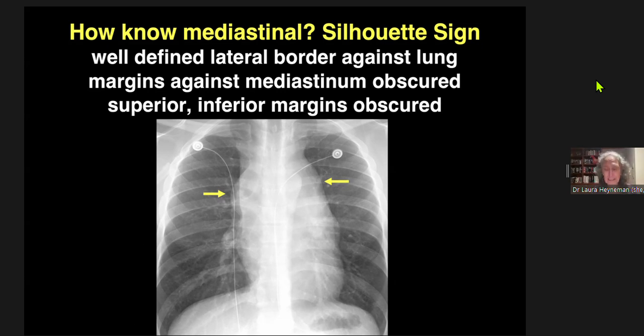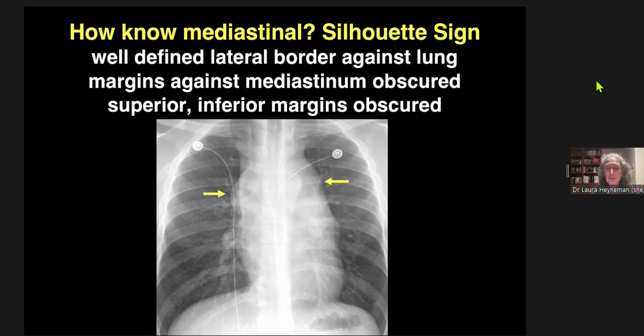But what I don't see is the superior border or the inferior border. And so I don't see exactly where this thing ends superiorly, and I don't see exactly where it ends inferiorly because I can't see those superior and inferior borders.